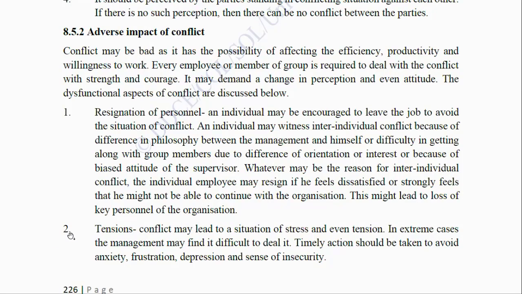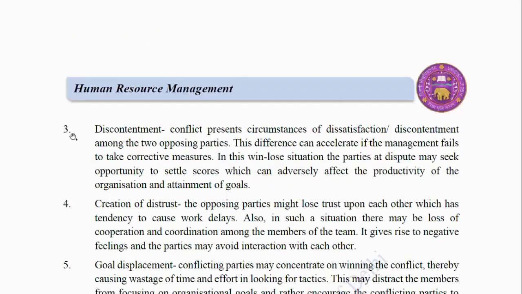Number 2. Tensions. Conflict may lead to a situation of stress and even tension. In extreme cases, the management may find it difficult to deal with it. Timely action should be taken to avoid anxiety, frustration, depression, and sense of insecurity. Number 3. Discontentment.